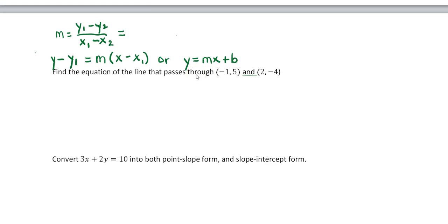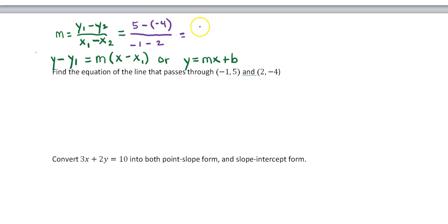So here, I'm going to say we want to find our slope, and I'm going to use 5 minus a negative 4 as my y's, and then my x's, I'm going to have a negative 1 minus a 2.